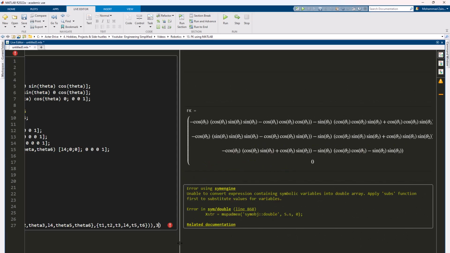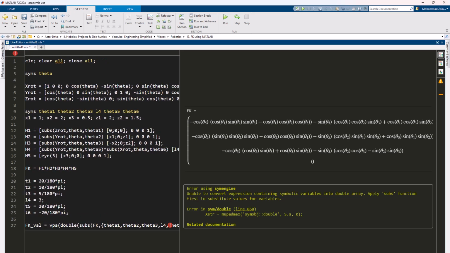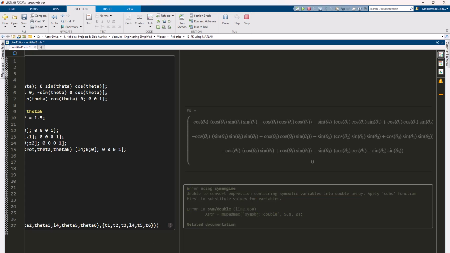Okay, there is some issue with the code. Once I substitute that, I think I made a mistake. Let me quickly correct that. So I remove the VPA from here. I probably should remove these terms right here. Now let me run it.